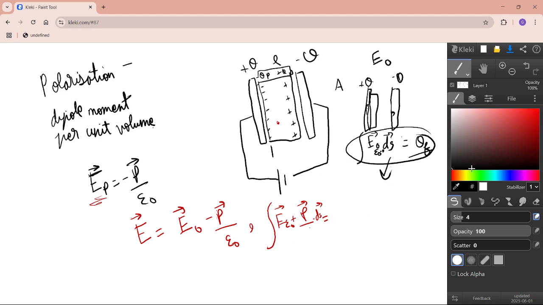You can write it as QF, and this whole quantity is the electric field displacement vector.